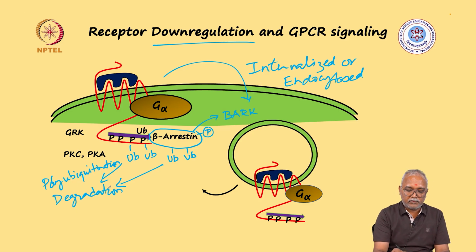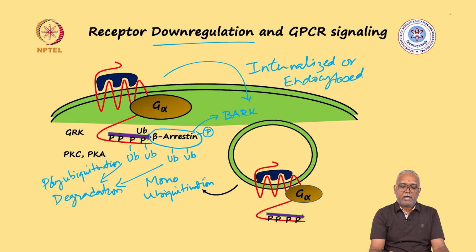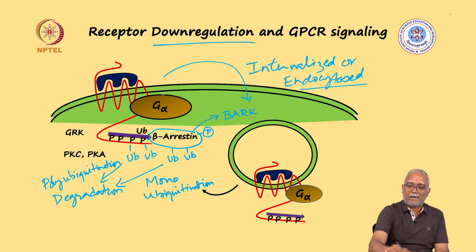But in this case, we are having monoubiquitination. And this monoubiquitination is a signal for endocytosis. So a part of the membrane where this entire complex was present is internalized and the components are recycled.